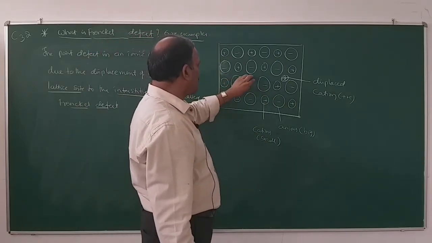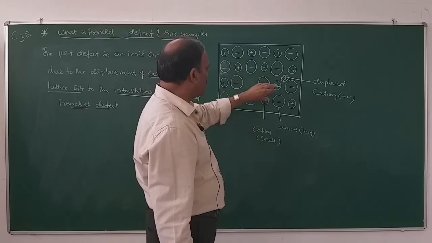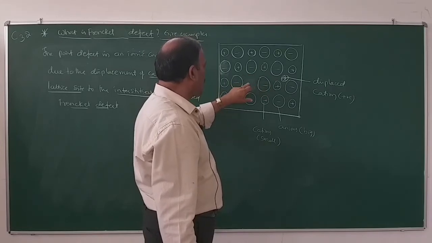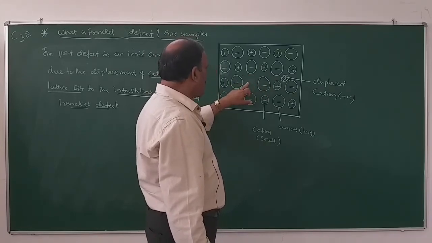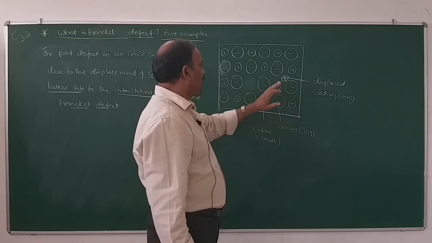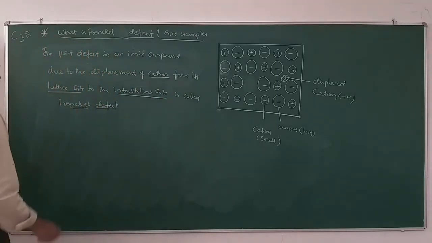Since cations are very small when compared to anions, they leave their original position, their usual normal lattice site, and occupy the interstitial site, and this defect is known as Frenkel defect.